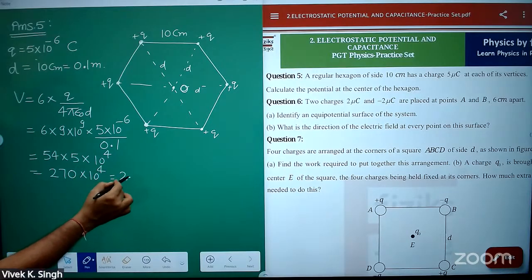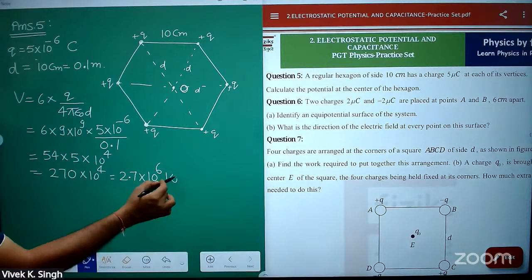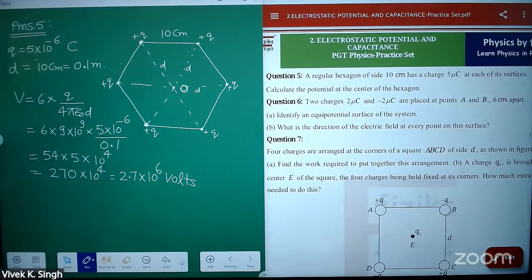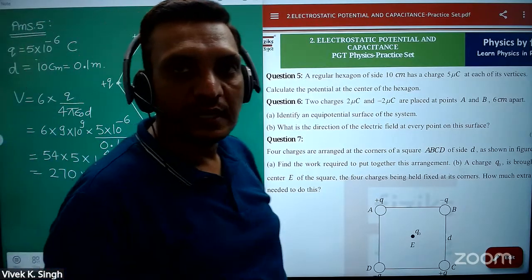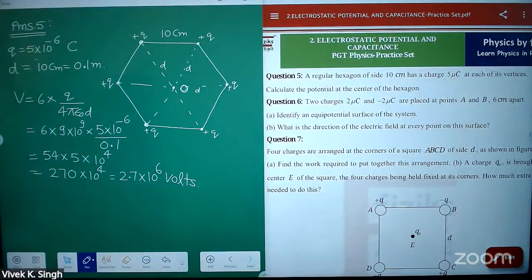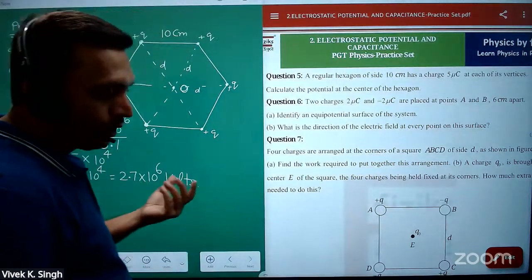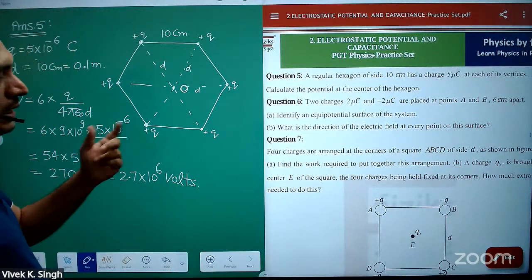This is 2.7 into 10 to power 6 volts. This will be the potential at the center of the hexagon. Clear? So simply in the case of 6-point charges, find the potential due to individual charge, take scalar sum.